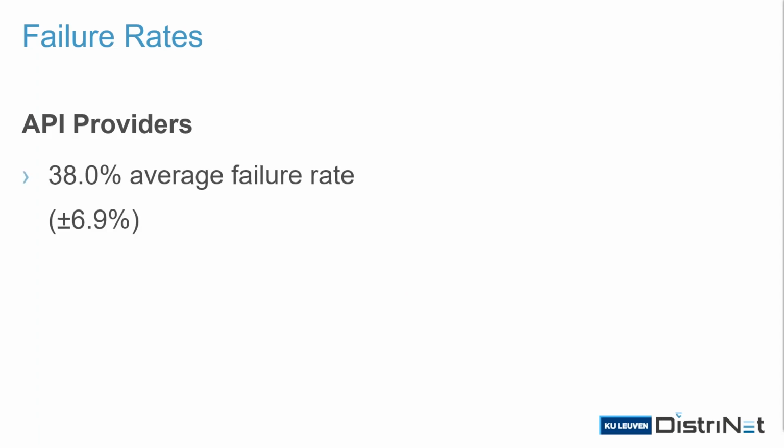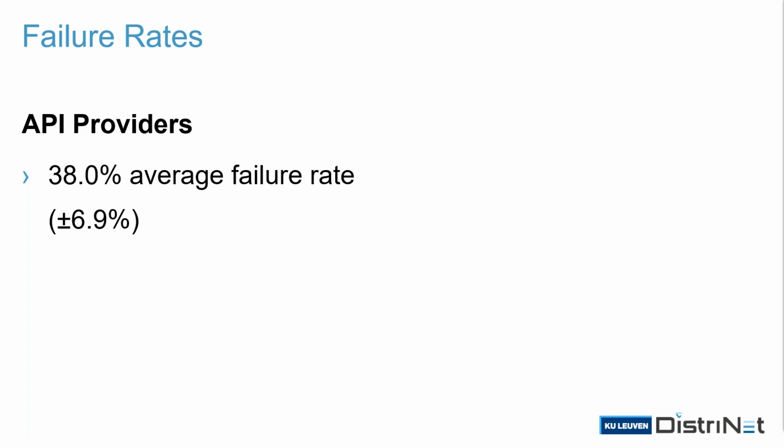Now that we know which flows are implemented, let's take a look at how well they are implemented. So if we look at the API providers, we get a test case failure rate of 38%. And that's a lot, that's huge. This means that 38% of all relevant musts, shoulds, and mays from the specification are not implemented in the average site.